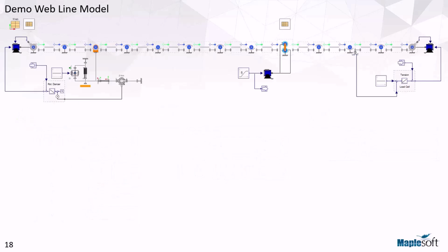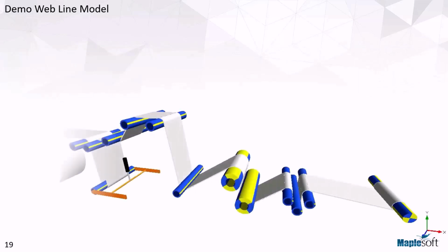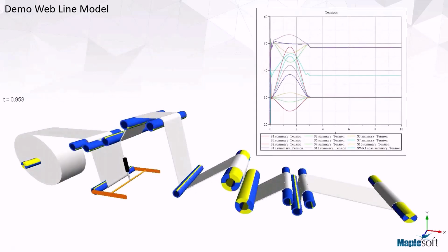First things first, let's look at the simulation results as we have it here. As I mentioned, once we run a simulation, we get access to everything. Here I have the plot of tension in all of the spans and the 3D visualization of the web line.